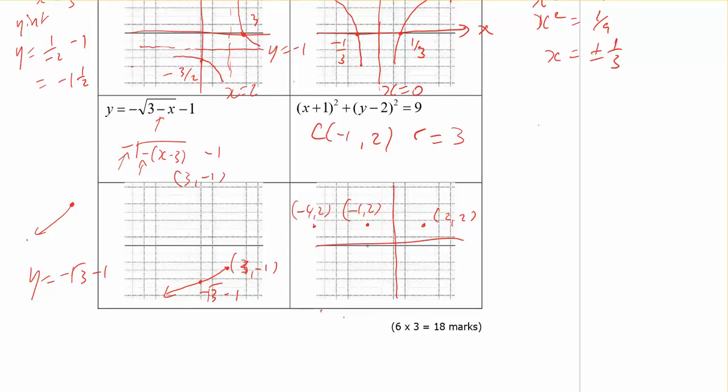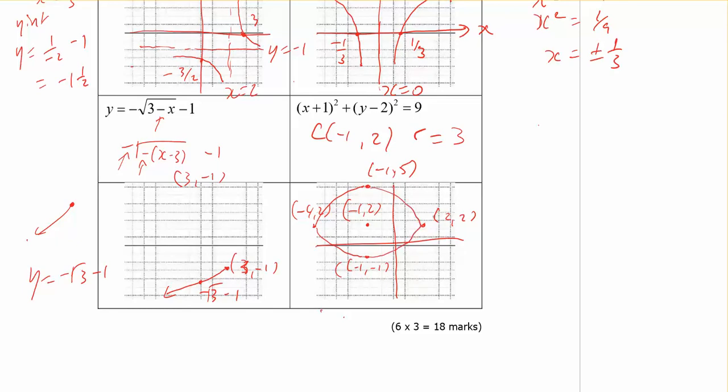I'm going 3 down, so this will be negative 1, negative 1, and then 3 up, which is negative 1, 5. I'm going to finish drawing the circle, so connect the dots, essentially.